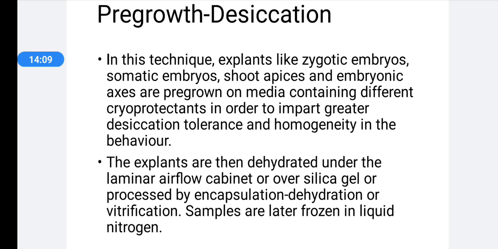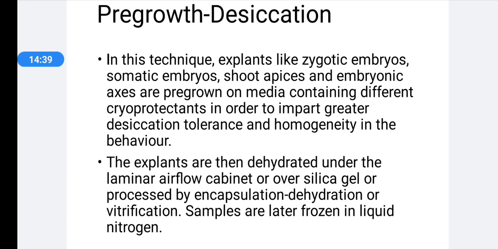Next technique is pre-growth desiccation. In this technique, you will take explants like zygotic embryos, somatic embryos, shoot apices or embryonic axes, and they are pre-grown on a media containing different cryoprotectants. Why we are doing this is that we need to impart greater desiccation tolerance and homogeneity to their behavior.